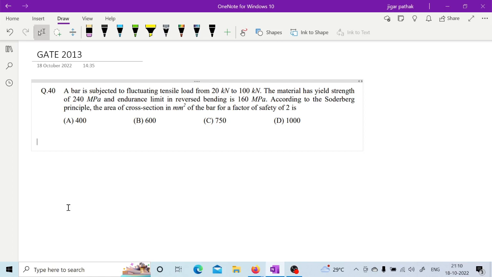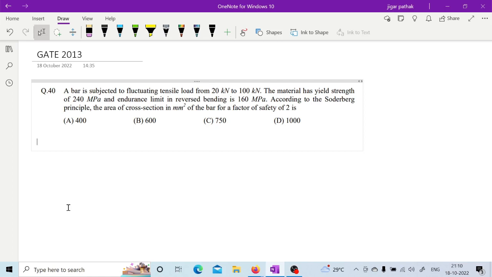Here first you can calculate the mean and amplitude in terms of force only, then you can put it as force mean upon area and force amplitude upon area. Are you getting what I'm trying to say?